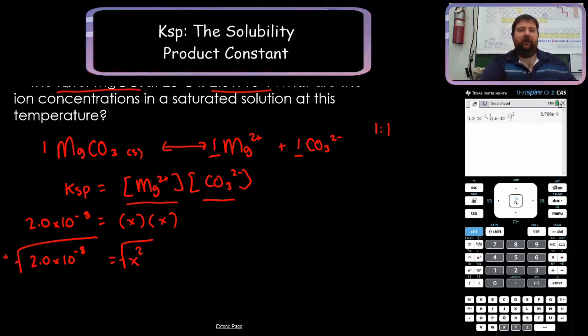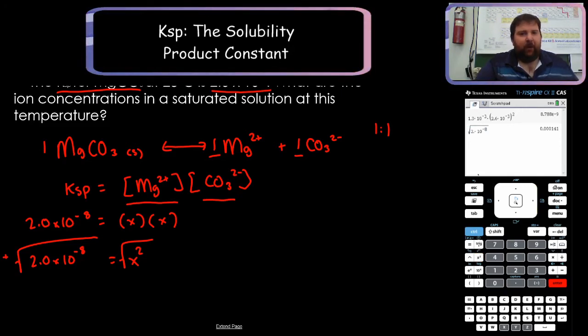So I have 2.0 times 10 to the negative 8, and this value we need to square root. And we get that.